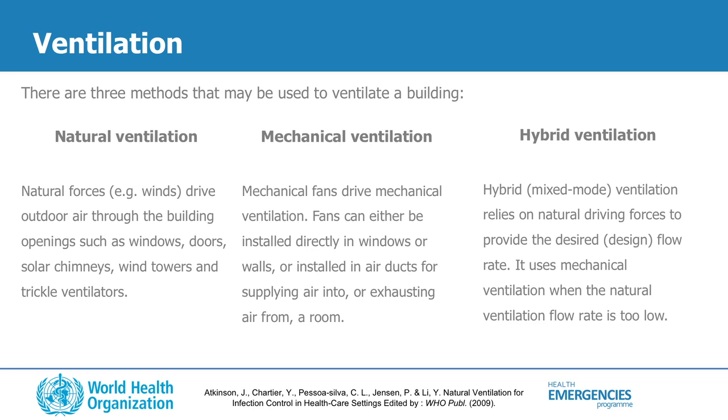And then a mixed, hybrid ventilation, which relies on natural driving force to provide the desired design flow rate, and it can use mechanical ventilation when the natural ventilation flow rate is too low.